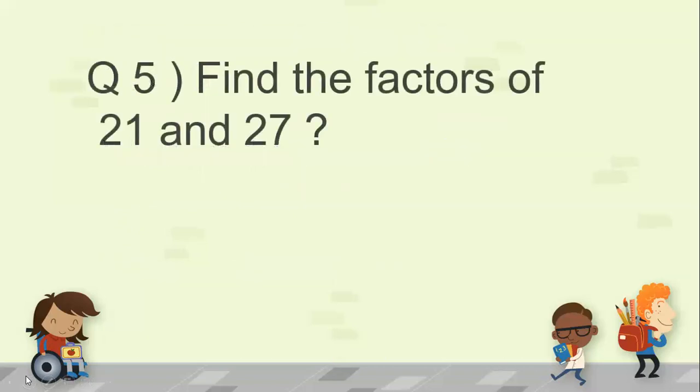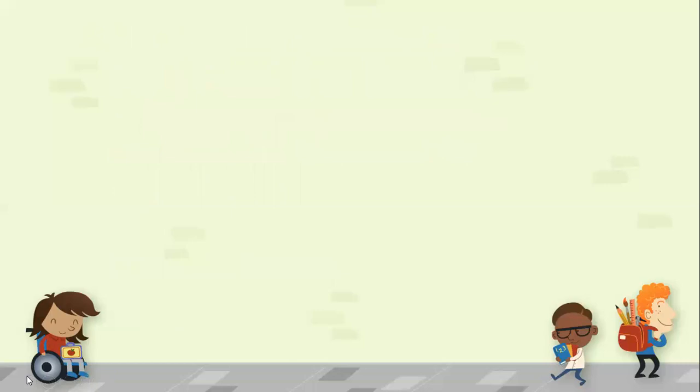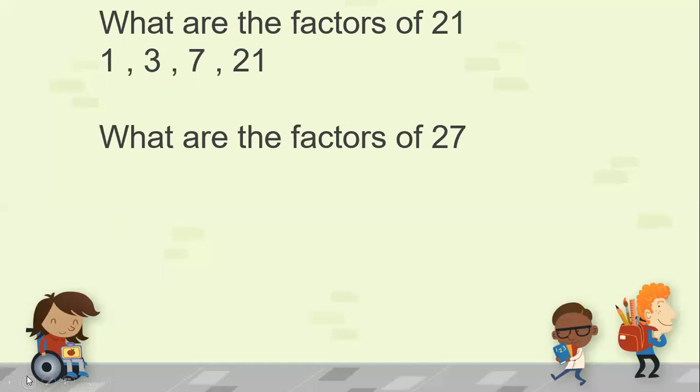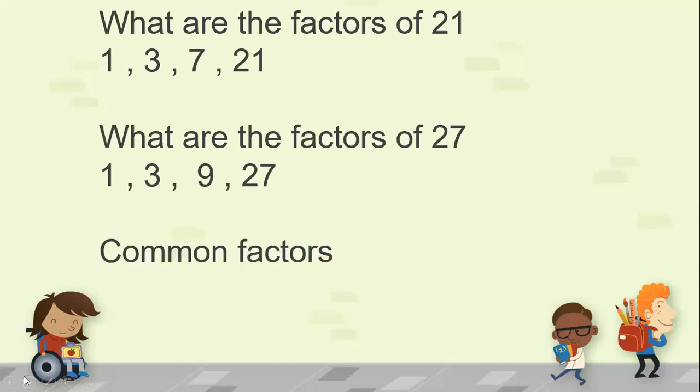Now we will solve another question. Find the factors of 21 and 27. What are the factors of 21? 1, 3, 7 and 21. What are the factors of 27? 1, 3, 9 and 27. Now what are the common factors here? 1 and 3.